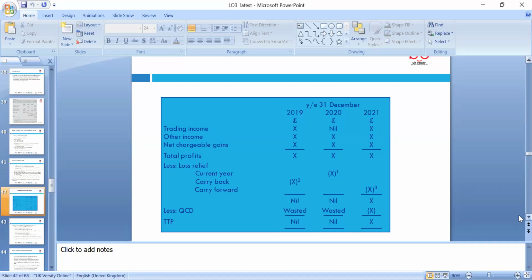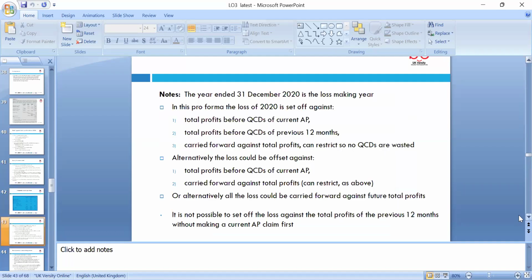We have the other income, net chargeable gain if we have, the total profit, and less loss: current year, carry back, and carry forward. If the loss is not qualifying, we can look at wasted loss. So we have to claim first, and any other relief available, accordingly.